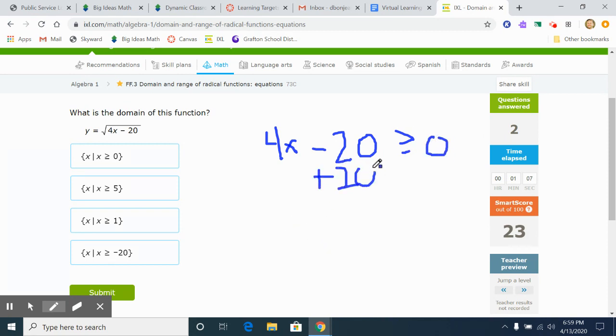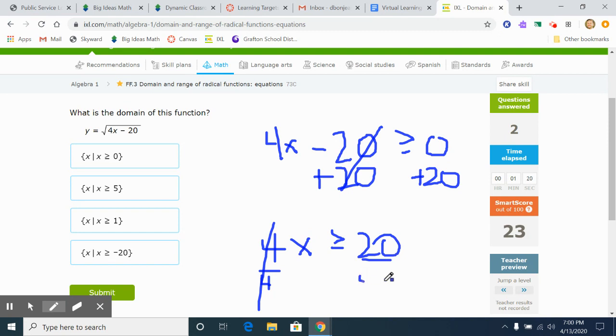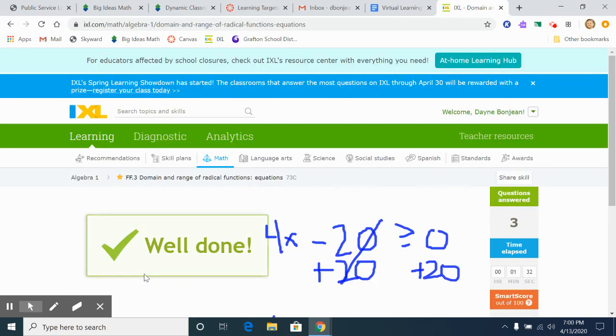Add 20, leaving me 4x greater than or equal to 20, and then I'm going to divide by 4 to get my answer of x is greater than or equal to 5. When I divide 20 by 4, I get 5. So x is greater than or equal to 5 would be my answer here.